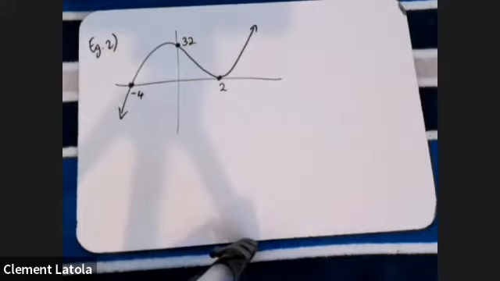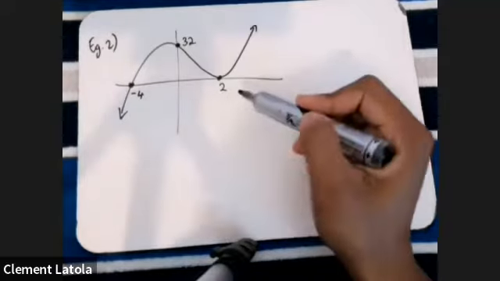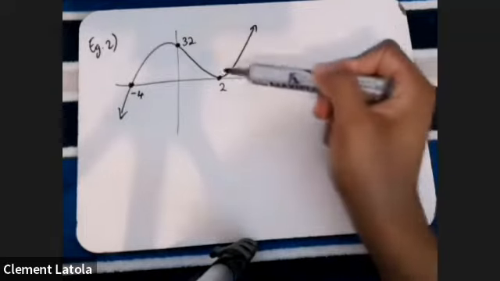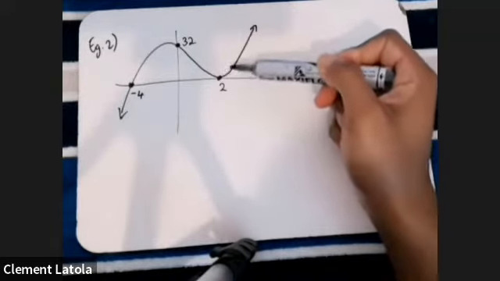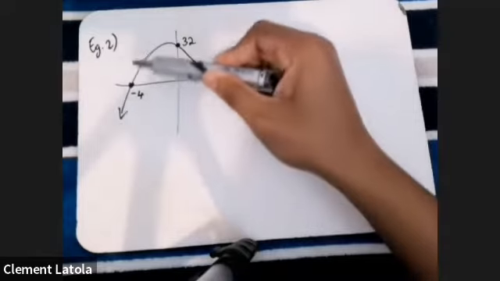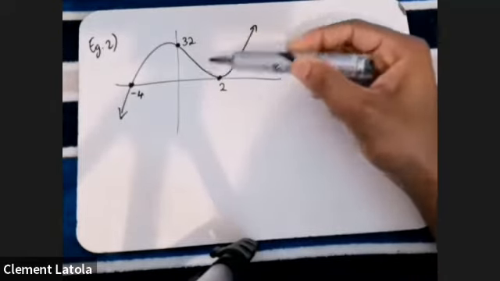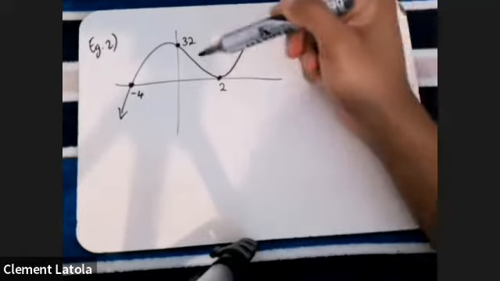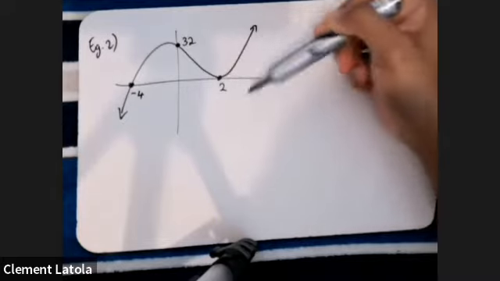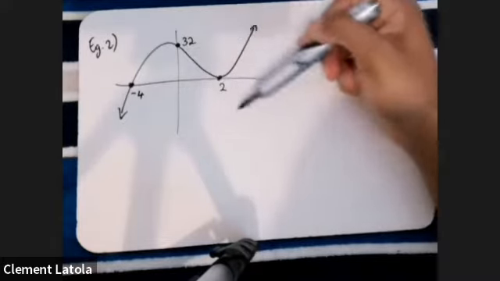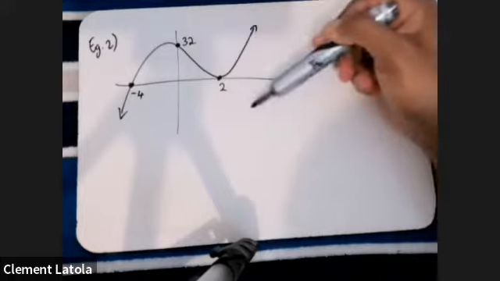So we have another cubic function, but notice with this one, we don't have 3 x-intercepts. We only have these 2 intercepts. That's because this is a repeated x-intercept. So the graph goes up, down, and then instead of going past the x-axis and creating 2 intercepts, it goes down and turns and goes up again.